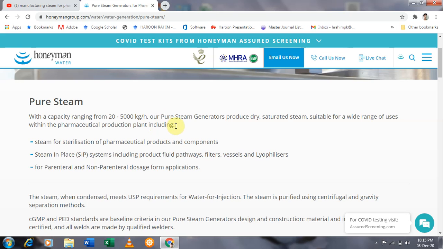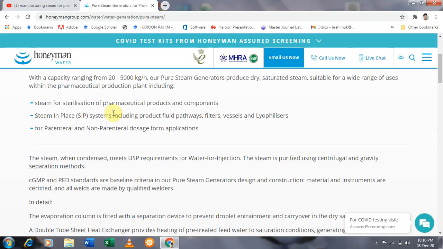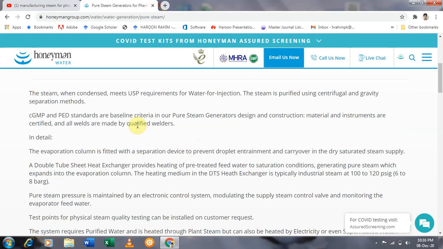That is a pair of steam generators that use dry saturated steam, suitable for a wide range of uses within the pharmaceutical production plant, including steam for sterilization of pharmaceutical products and components, and SIP systems including product feed pathways, filters, and sterilizers for parenteral and non-parenteral pharmaceutical applications, and the steam condensate meets WFI requirements for water for injection.